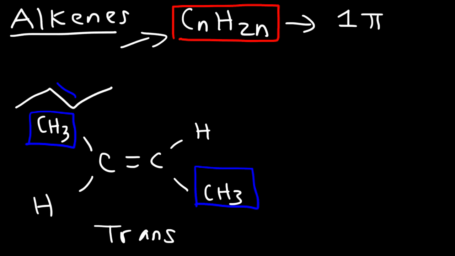Now, if you count the number of carbon atoms, 2-butene has 4 carbon atoms, and there's 3 hydrogens here, 6, 7, 8. So it's C4H8. So in this case, n is 4, which means that 2n, or 2 times 4, is 8. So alkenes have that general formula if they possess one double bond.